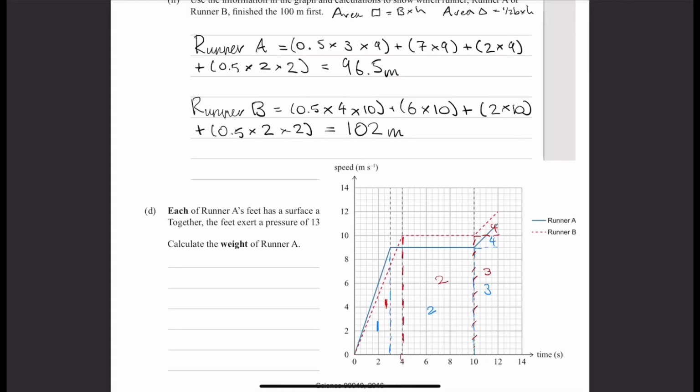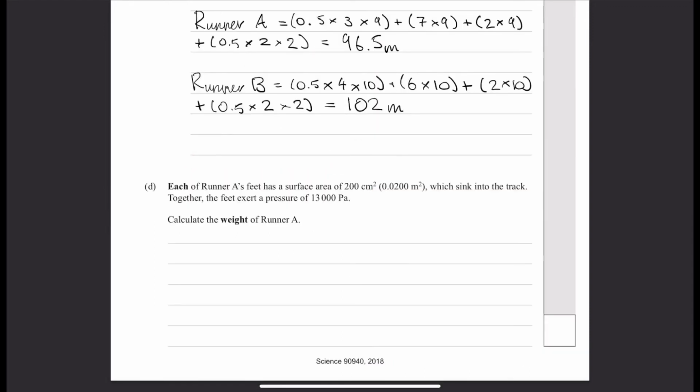So we can see that runner B has finished the race first. So we could say, therefore, runner B has completed the race first. Just give a little summary statement, just to knock off that question.